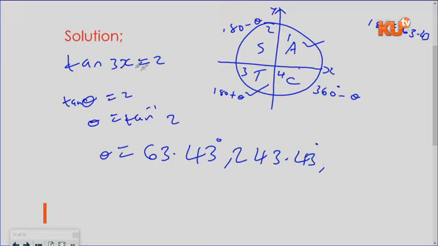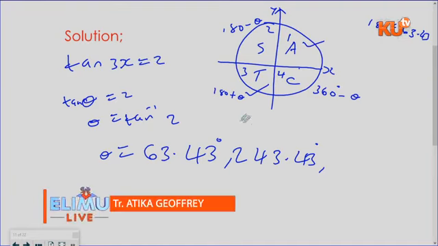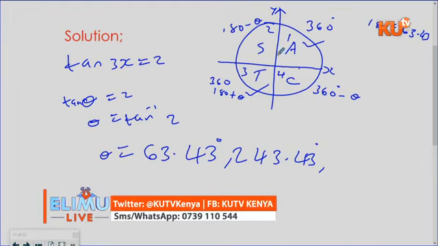And since we shall be dividing these values by 3, we can try to go to the second lap, the second round. So here you'll have to add 360, again 360, because now this is the second lap. Remember the range of x was given from 0 degrees to 360 degrees. So we can try and move on to the second lap. So we shall have 360.